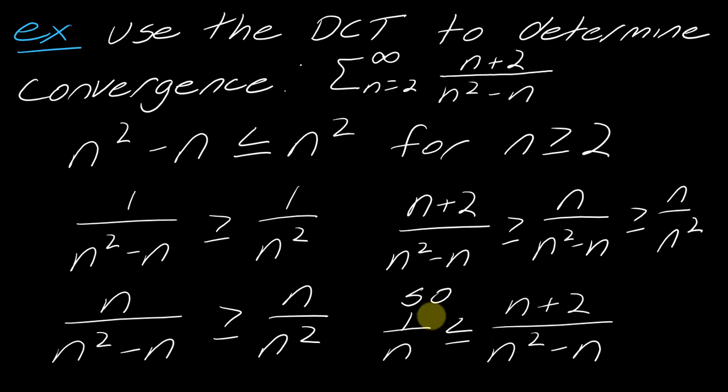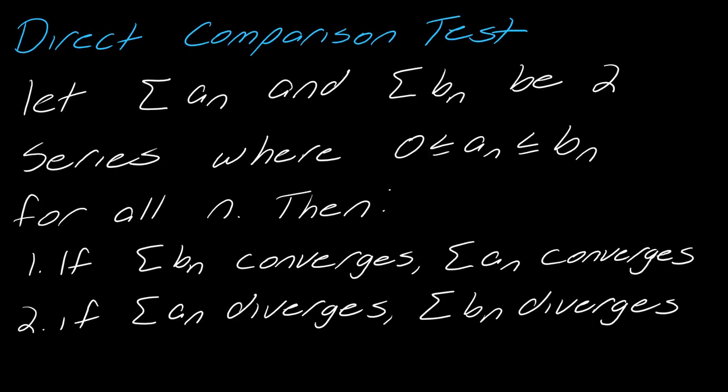If I just reverse the order, notice now I've reversed the order of the inequality, and taking this part and this part, what I've ultimately shown is that 1 over n is less than or equal to n plus 2 over n squared minus n. So you can slowly build this up if you're not sure how the order works. Now I can go back to the direct comparison test.